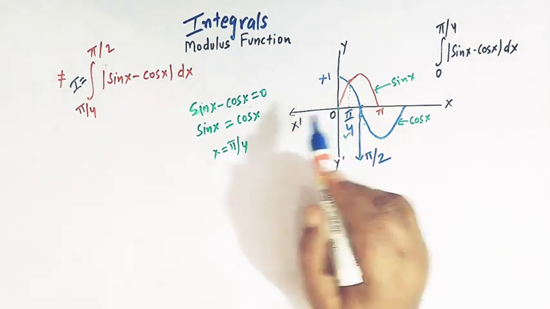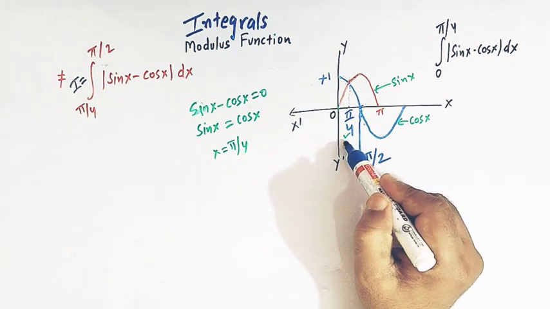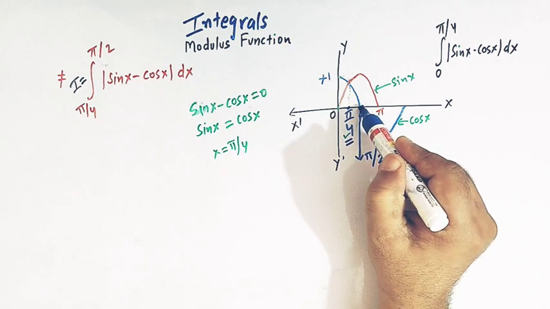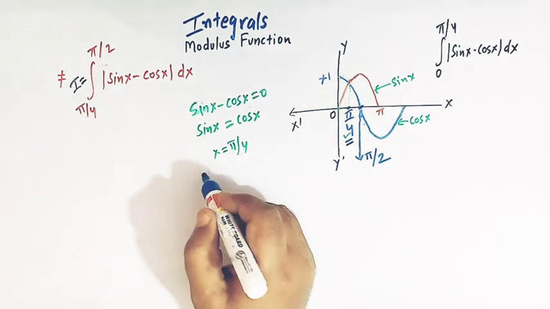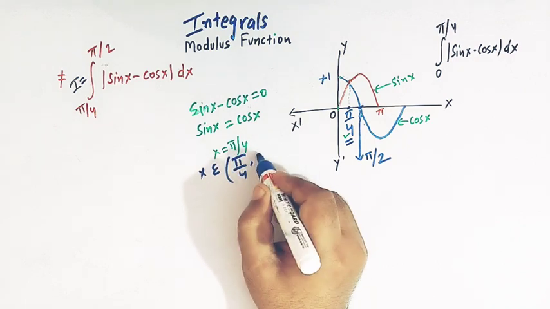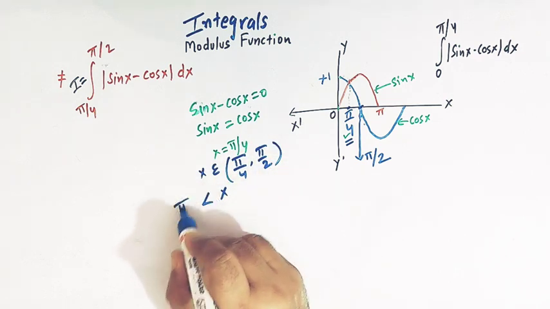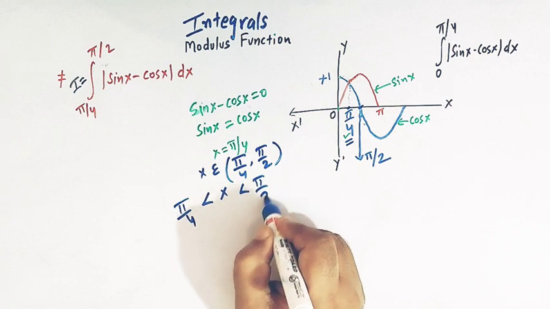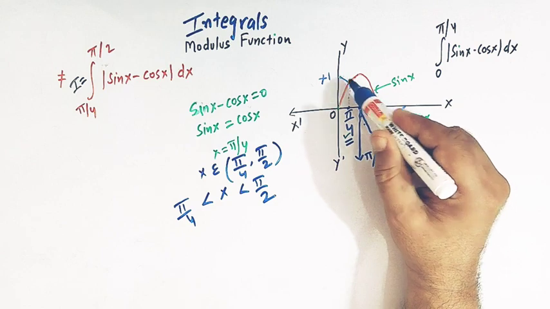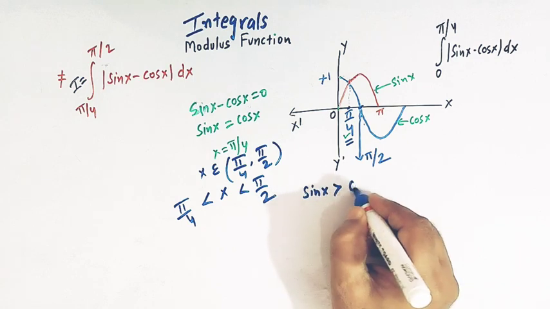Now let us see the limits. Here we have to integrate from pi by 4 to pi by 2. Here we have the point pi by 4 and here we have the point pi by 2. So when x lies between pi by 4 and pi by 2, from the graph we can see that the value of sine x is always greater than cosine x.